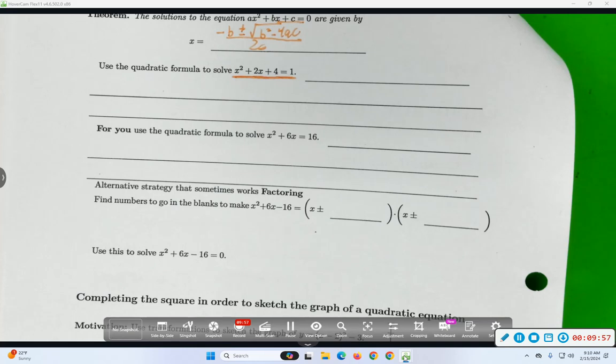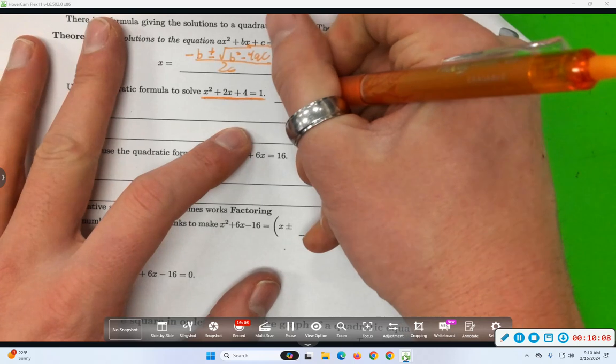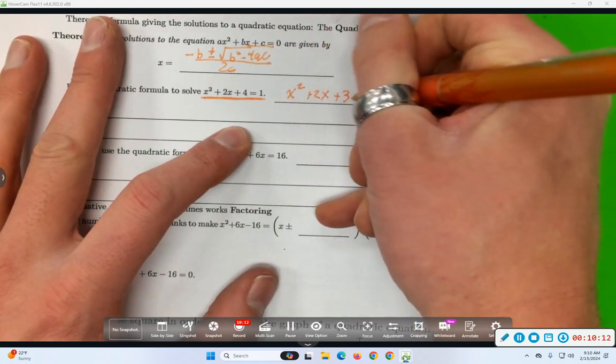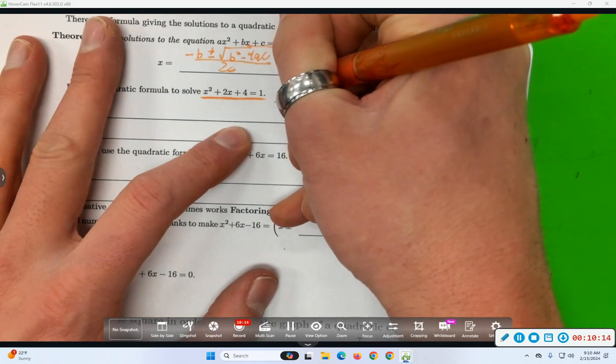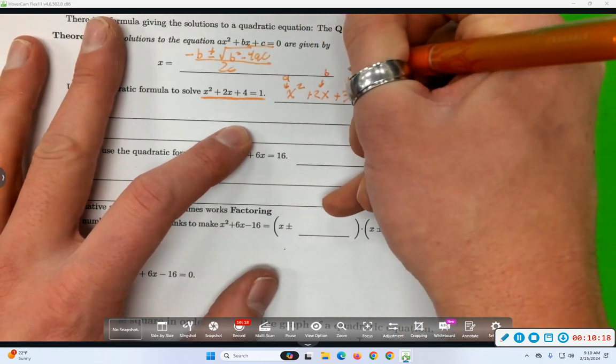Now, what do I need to do first? Subtract 1. Yeah, I need a 0 on the other side, so let's subtract 1. So, by subtracting 1, we'll get x squared plus 2x plus 3 equals 0. Nice, so it looks like there's my a, there's my b, there's my c.